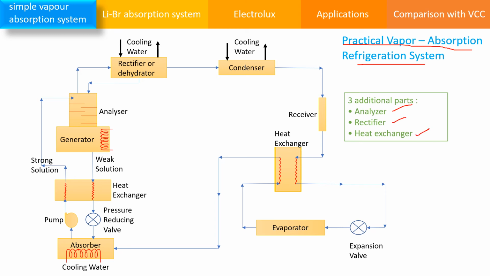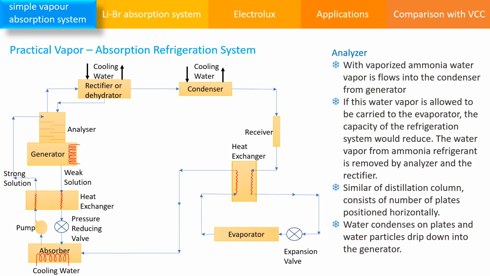So if you remember, the evaporator, expansion valve, condenser, generator, pump, pressure reducing valve, and absorber are the same as in the previous vapor absorption system we have studied. This just uses three extra components, that is the analyzer, heat exchanger and rectifier. So we will see their functions one by one.